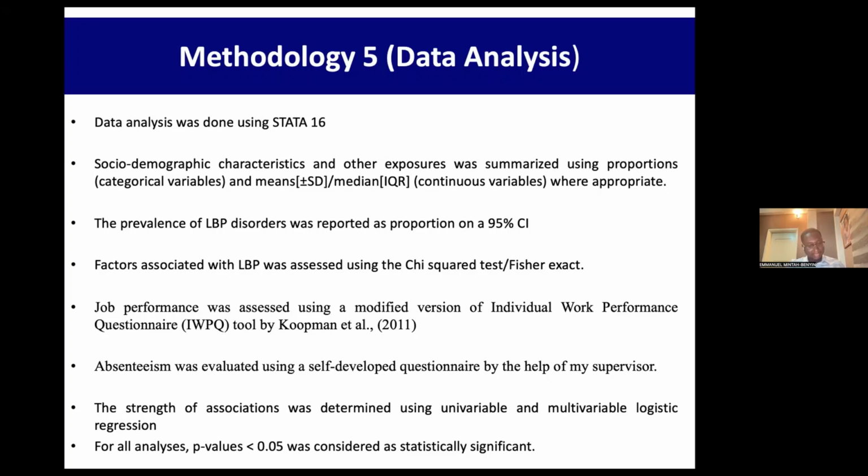All items have a recall period of 3 months on a 5-point scale, 1 being seldom and 5 being extreme. Absenteeism was evaluated using a self-developed questionnaire with the help of my supervisor. Strength of association was determined using univariable and multivariable logistic regression. For all analyses, a p-value less than 0.05 was considered statistically significant.